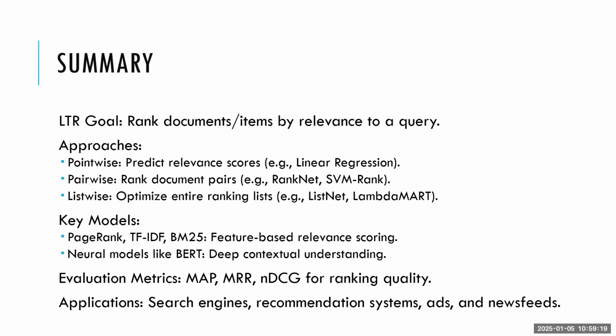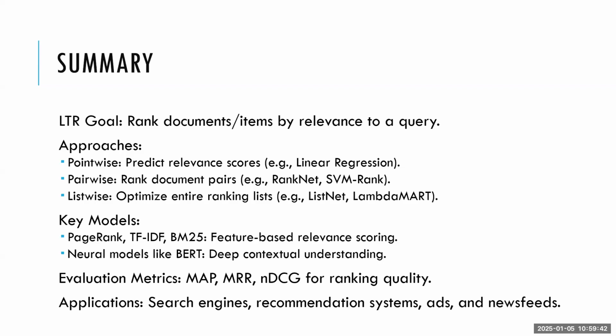So in summary, in our learning to rank algorithm, we want to rank the documents based on the query. And then we have 3 approaches. The point-wise approach: you want to learn the score for each query-document pair.